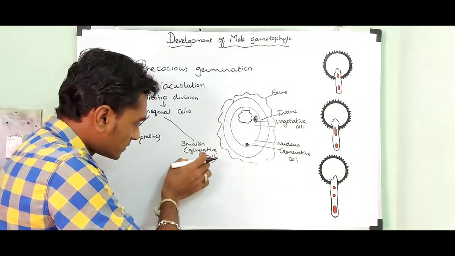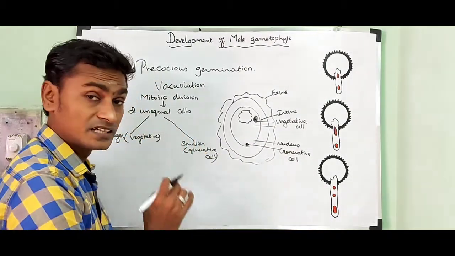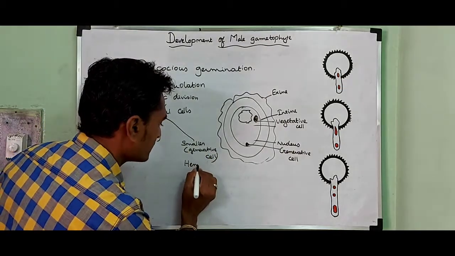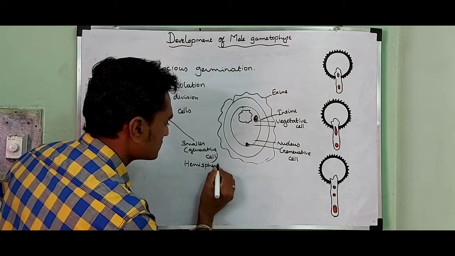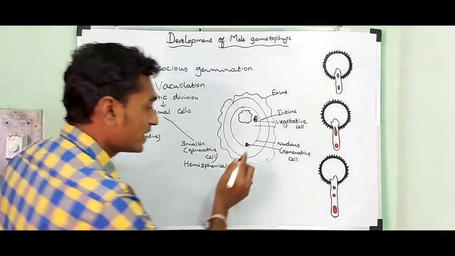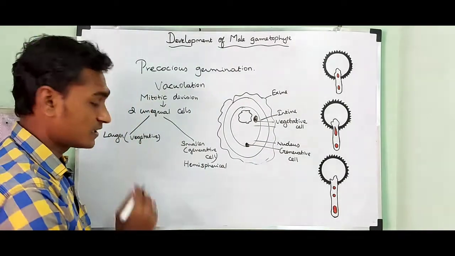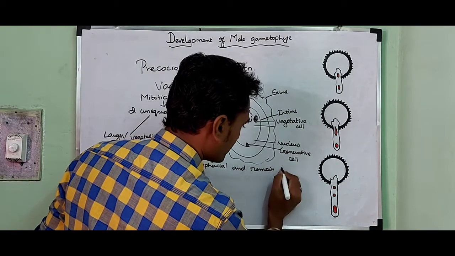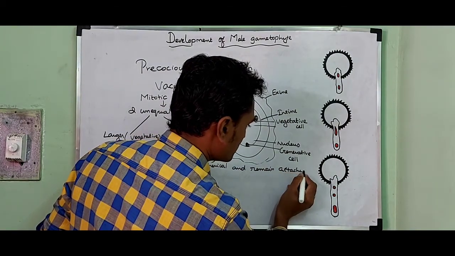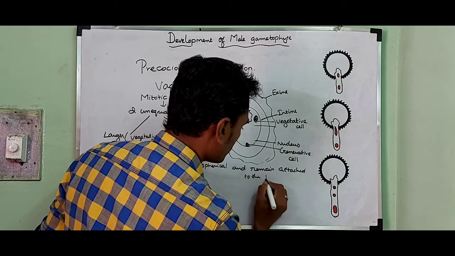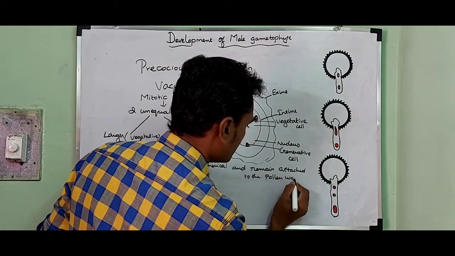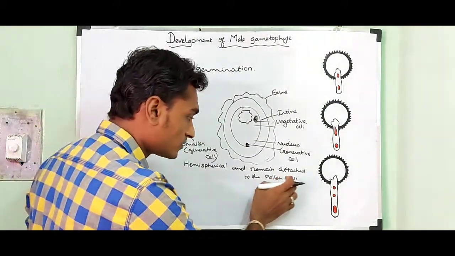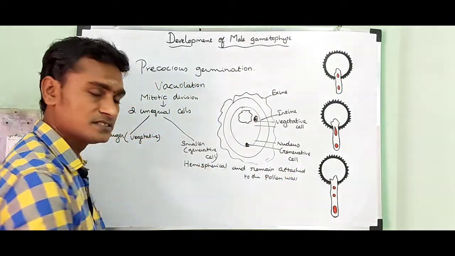Then I am going to tell about the generative cell. In the early stage, the generative cells are hemispherical in shape and they remain attached to the pollen wall. Okay, in the early stage the generative cell is attached to the pollen wall and is hemispherical in shape.